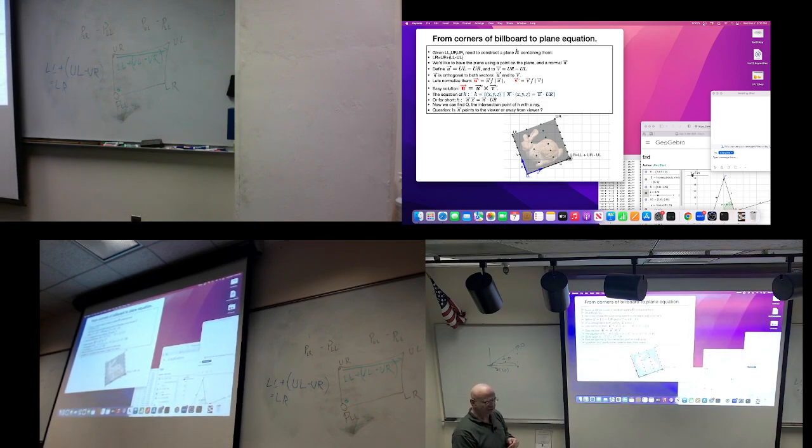Question: earlier, going from U to V, is that clockwise? No, that's counterclockwise. In this case, V is counterclockwise to U. Some people prefer one convention, some prefer the other.